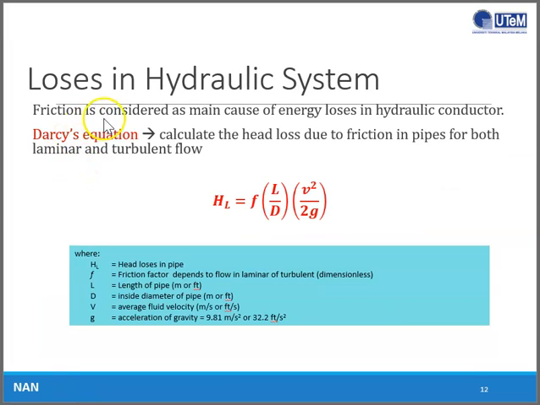Friction is considered the main cause of energy losses in hydraulic conductors. To calculate the friction losses, we will use the Darcy equation, to calculate the head loss due to friction in pipe for both laminar and turbulent flow, and this is the formula. F is the friction factor.